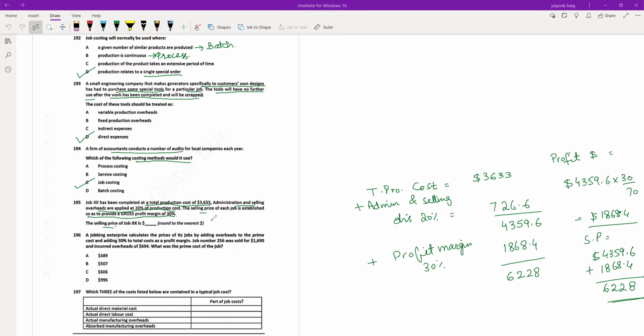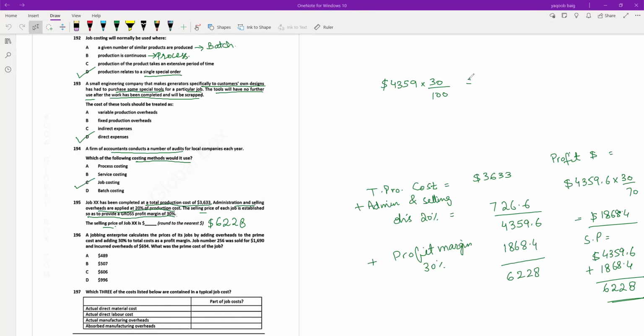When we use the approach of margin, although here we have margin, but suppose the question asks you to calculate markup, then what would be the answer? Then we will say it like this: 4359 into 30 by 100.